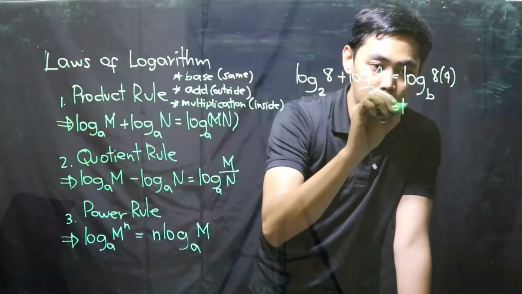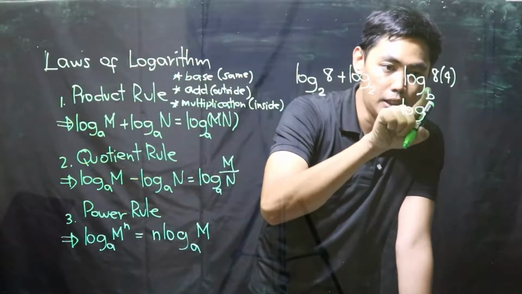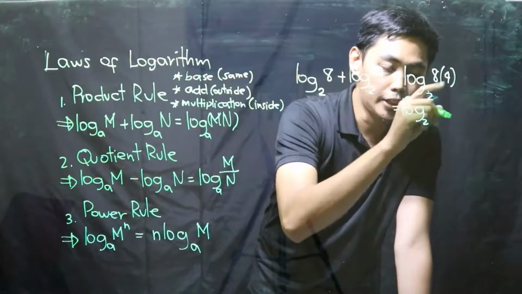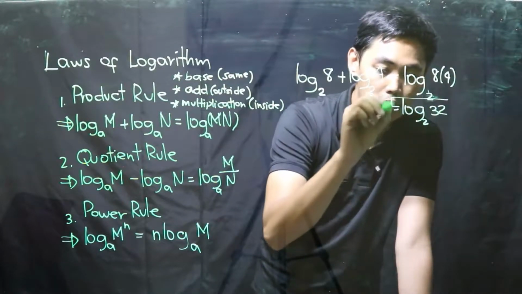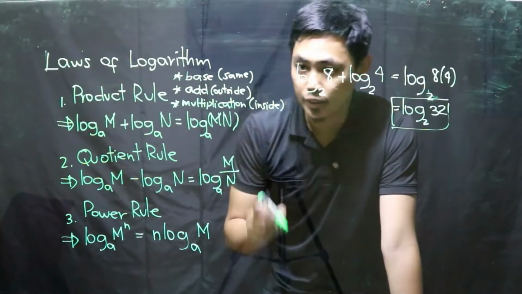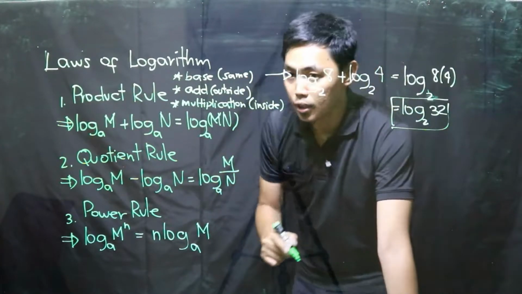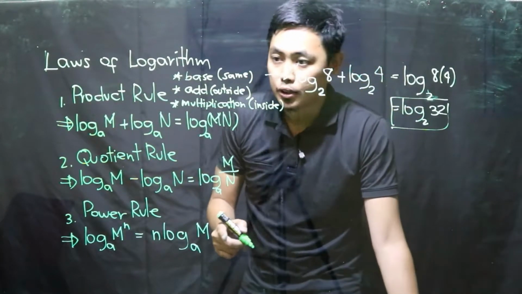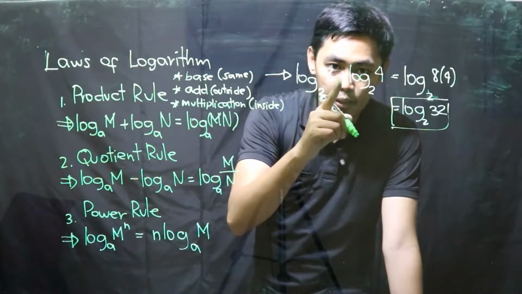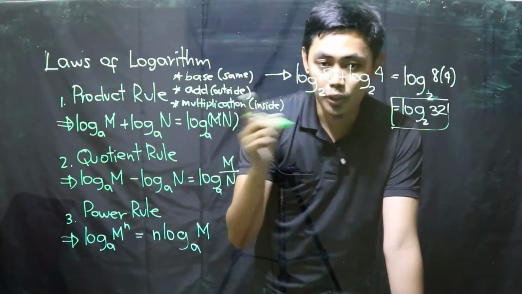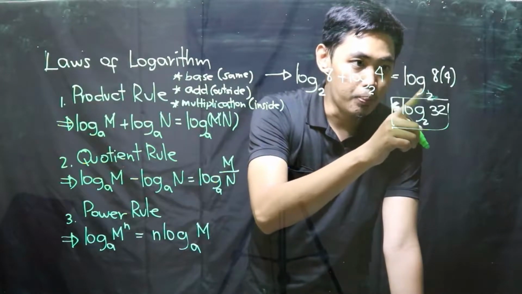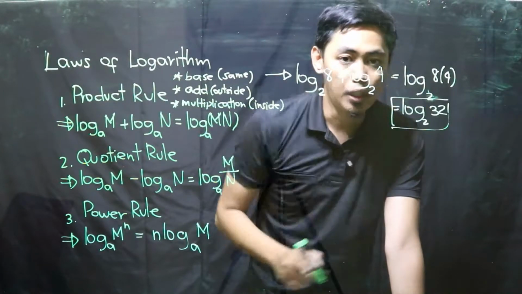So our answer is logarithm of base 2 of 8 times 4, which is 32. We can simplify that one further, but we will just stay there. My intent here is just for you to understand the product rule. So, if we put together logarithm of base 2 of 8 and logarithm of base 2 of 4, put together meaning addition, it is equal to logarithm of base 2 of 8 times 4.